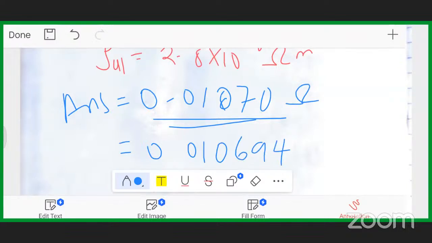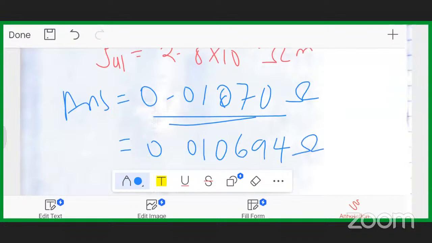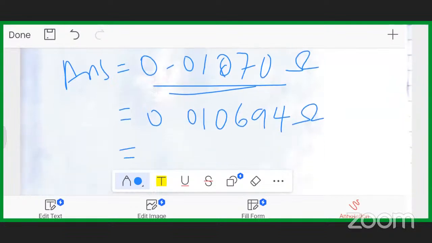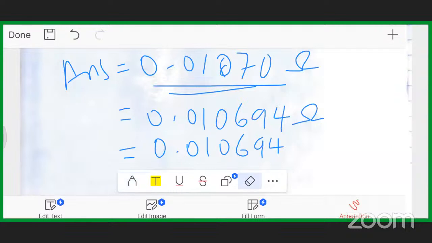Okay. Yes. Any other? 0.010694. The same. Yes. Right.